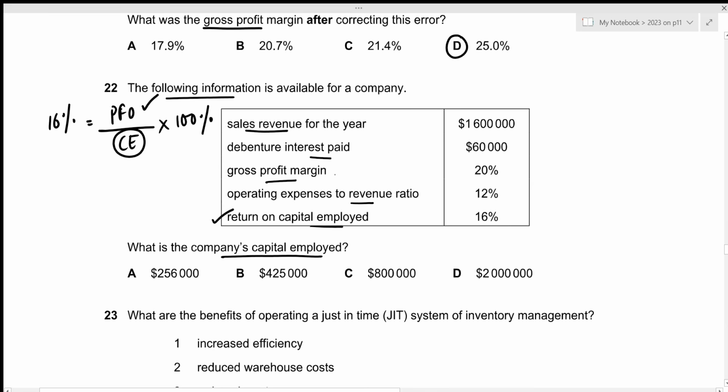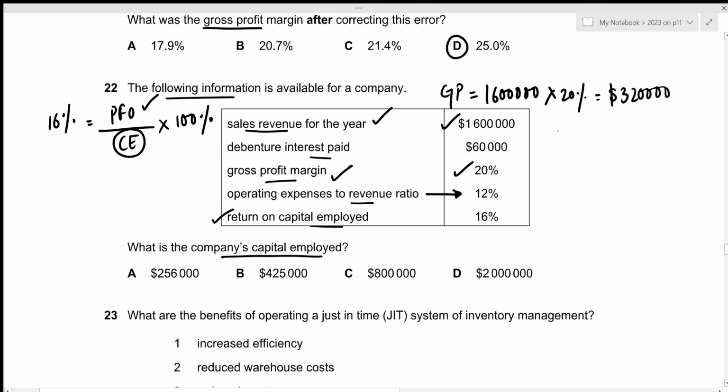Now we have the gross profit margin as well as the sales revenue. So we can easily calculate the gross profit in this case. That will be the sales revenue of 1,600,000 multiplied by the gross profit margin of 20%. This results in the value of 320,000. Then we also have the operating expenses to revenue ratio, which is given as 12%.